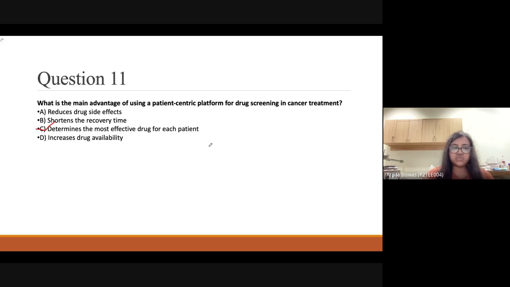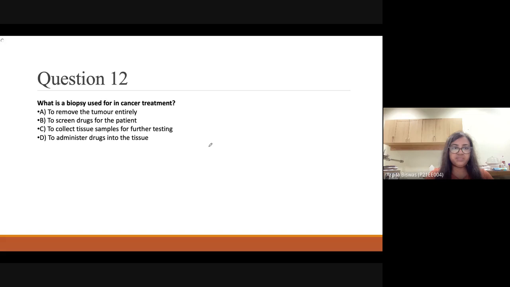Okay. So next, moving to question number 12. What is the biopsy used for in cancer treatment? The first option is to remove the tumor entirely. The second option is to screen the drugs for the patient. The third option is to collect the tissue sample for further testing. And the fourth option is to administer drugs into the tissue. So find out the right answer.